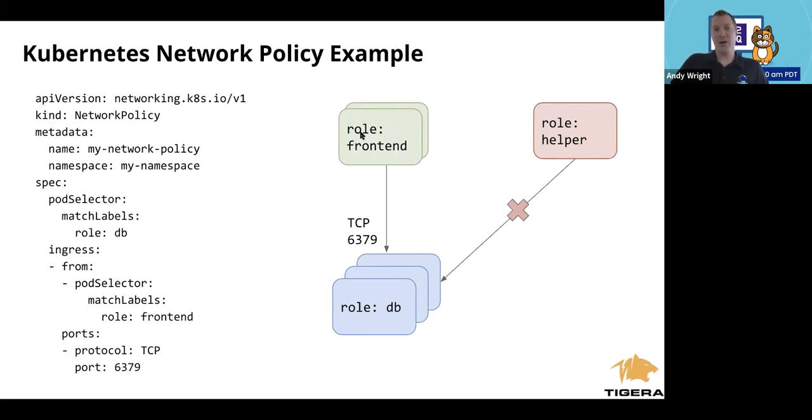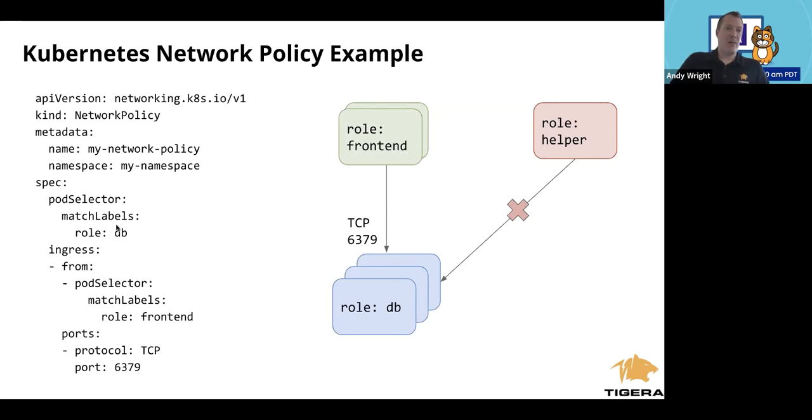So these would be your pod labels. We have a pod label called role, and we have frontend, DB, and helper. If we create a network policy, using just the standard Kubernetes network policy, we define the namespace that it's in, and then we have pod selectors.